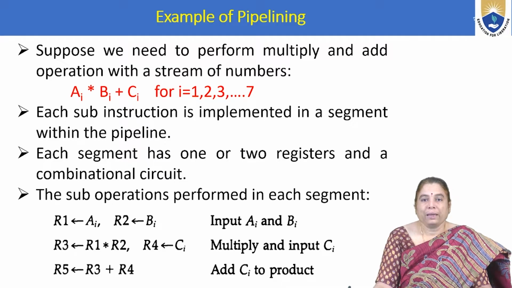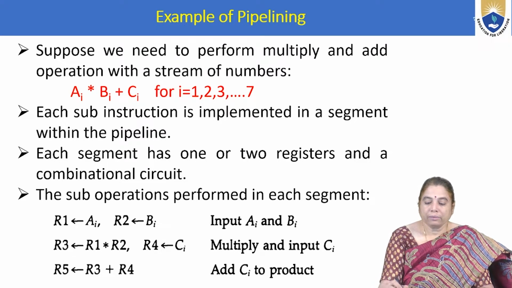How a pipeline can be implemented, we will consider with an example. Take one arithmetic task, A into B plus C, and this operation can be repeated for the numbers 1, 2, 3 until 7.